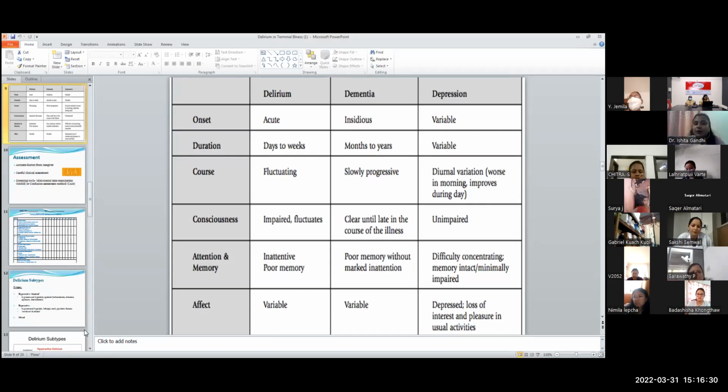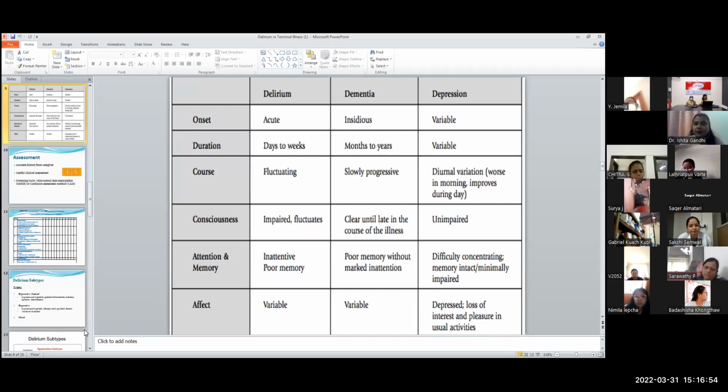If you're talking about duration, delirium generally lasts for days to weeks. It is most often seen in end-of-life patients, and those patients have just days or weeks left to live. Dementia takes a very long course from months to years together.